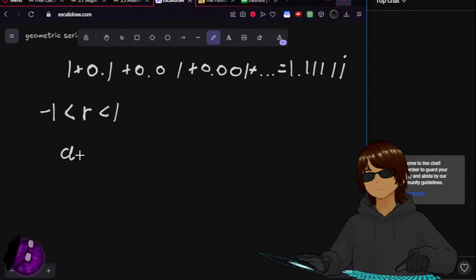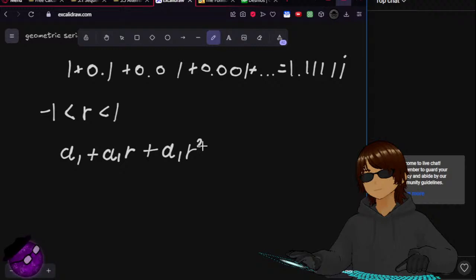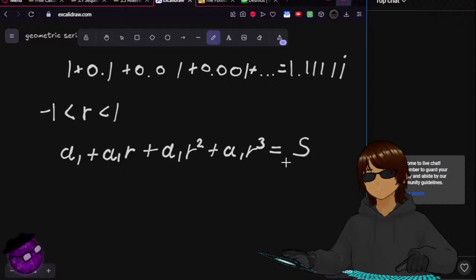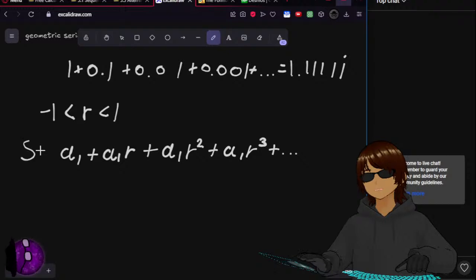So a1 plus a1r. If r is between -1 and 1, then the absolute value of this term would be smaller than the previous one. Then a1 r squared, and this goes to infinity and we get s.